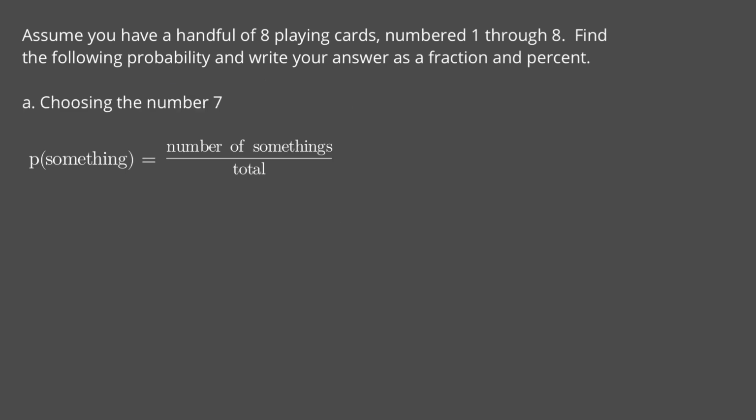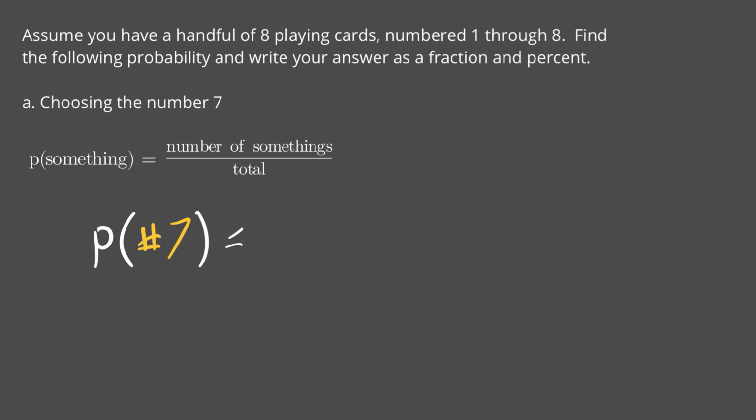For part A, we want to know what the probability of choosing the number 7 is. So we can write this as the probability of number 7, just for an abbreviated way to write that, is going to be equal to our number of somethings that could happen over the total number of somethings.